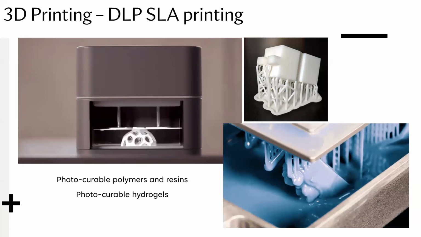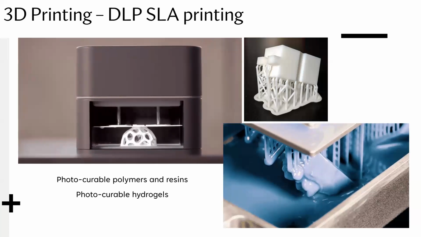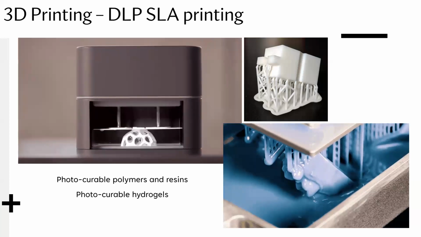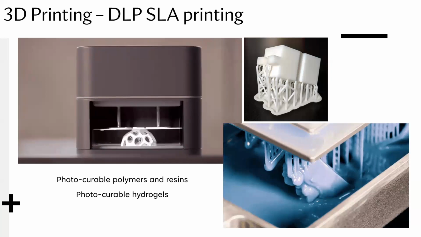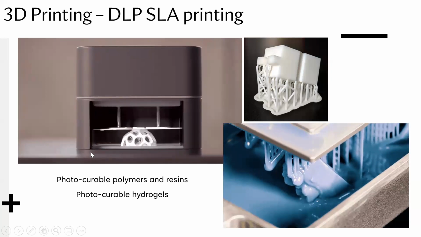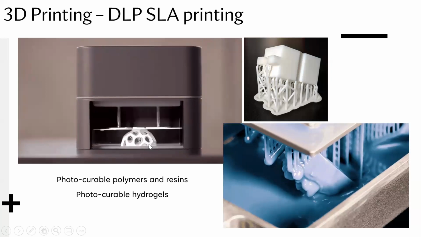So the problem with this process is that as you're solidifying, material can stick to your bottom window. If you look at this image here, the window I'm talking about is down here.